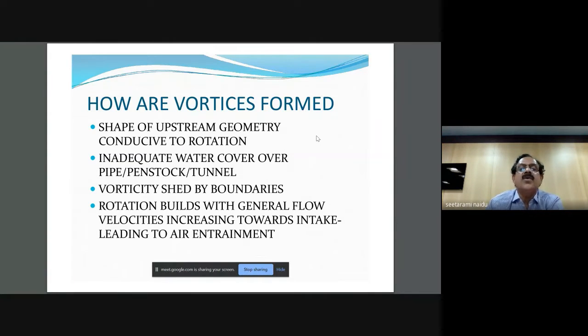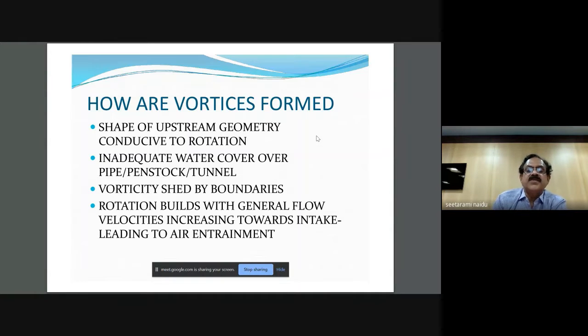How are vortices formed? Shape of the upstream geometry, as I have shown in the recent model here. There should not be so many curvatures. The flow should be streamlined, and so many turns should be avoided. Inadequate water cover, which we will discuss. Vortices are shed by boundaries.